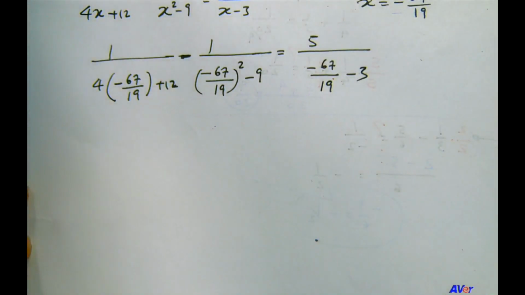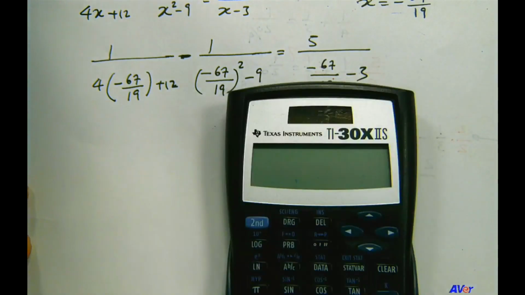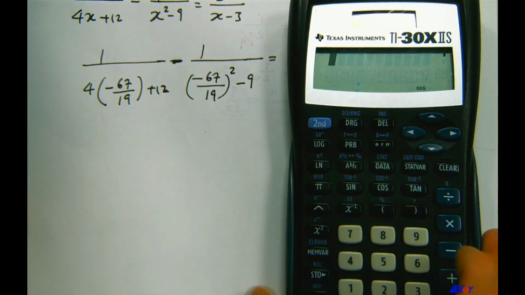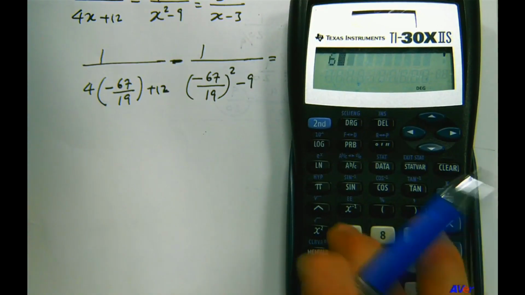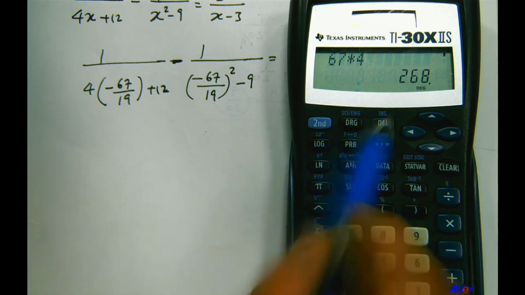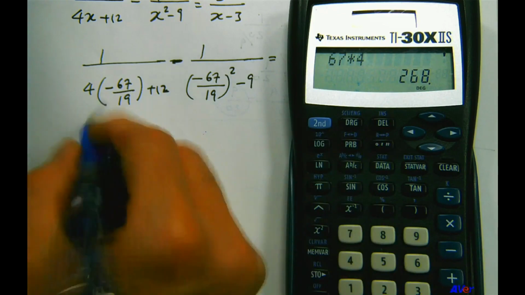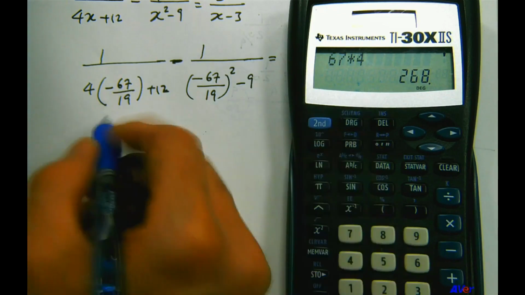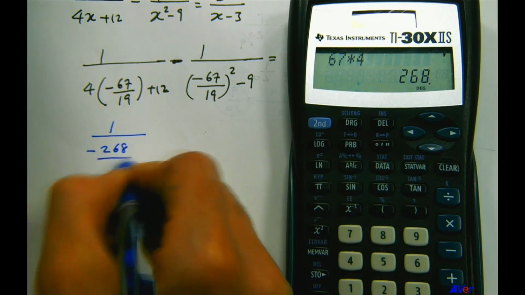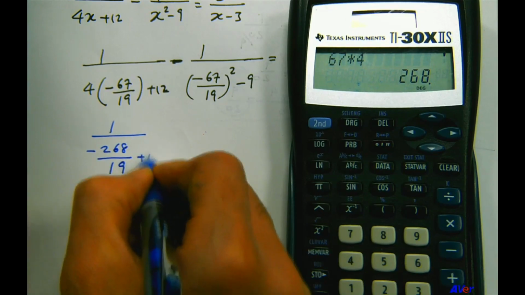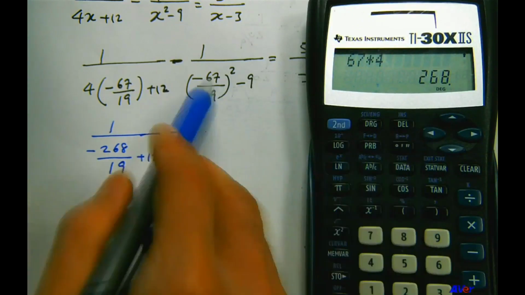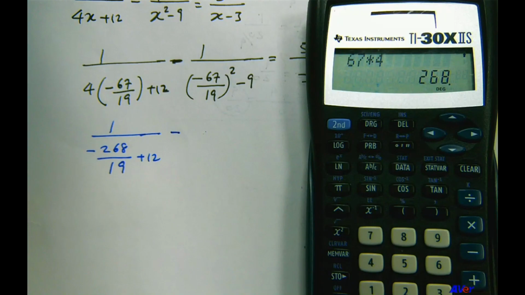Okay, so I'm going to need my calculator here. So first, let's figure this out. This will be 67 times 4, minus 268 over 19, right? And so 1 over minus 268 over 19 plus 12 minus that, minus 67 squared over 19.